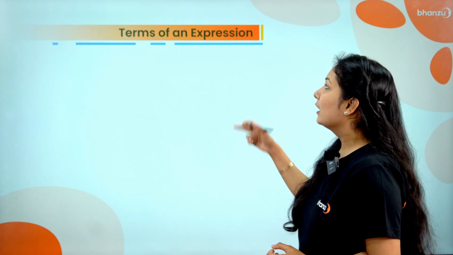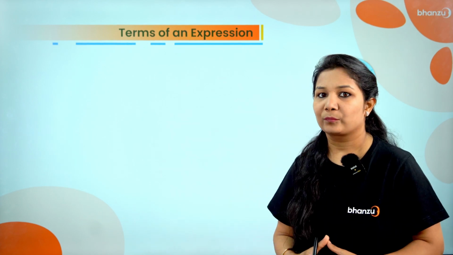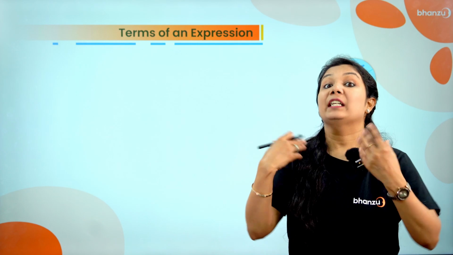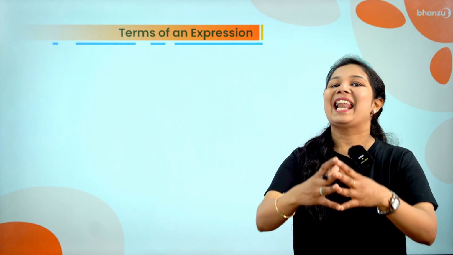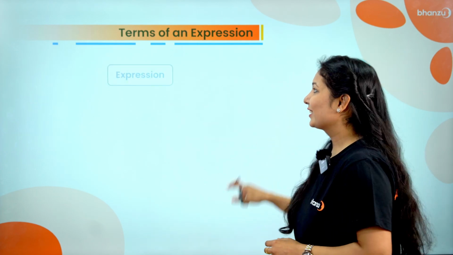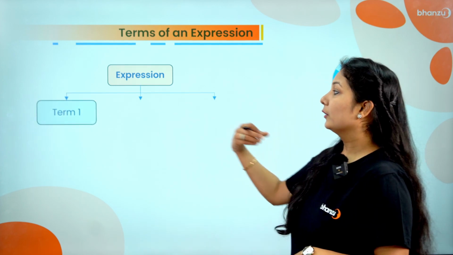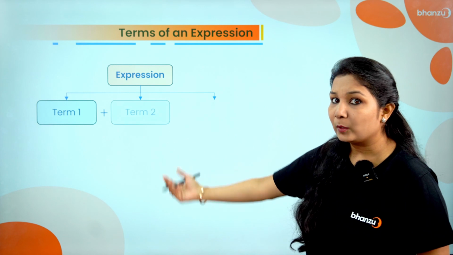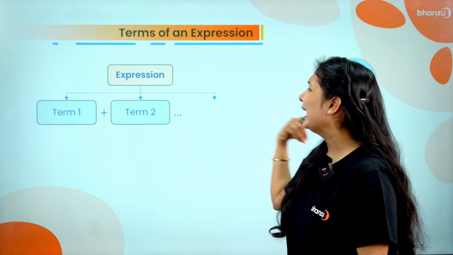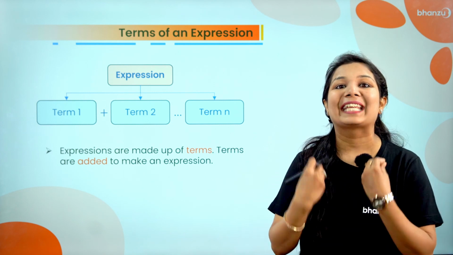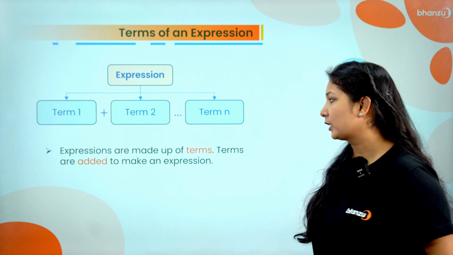So starting with terms of an expression. How do we get to know about the terms of an expression? How many terms are there in an expression? Let's have a look at it. An expression is formed by term 1, term 2, and like this it can be formed by n number of terms. So we can have n number of terms in an expression.